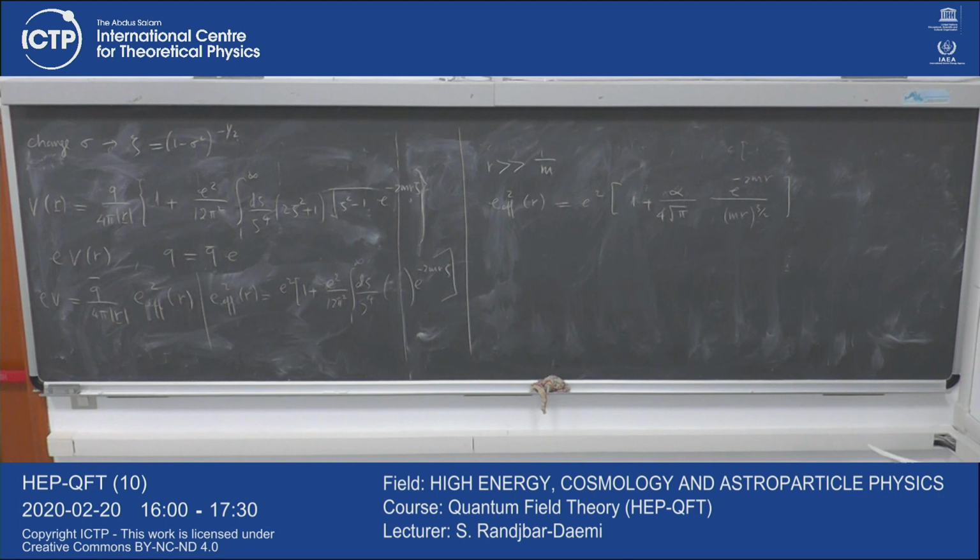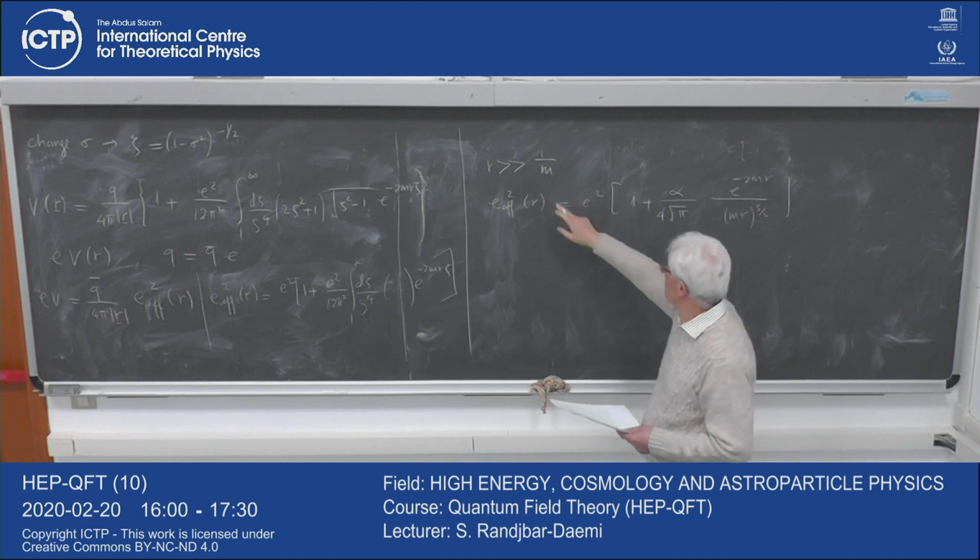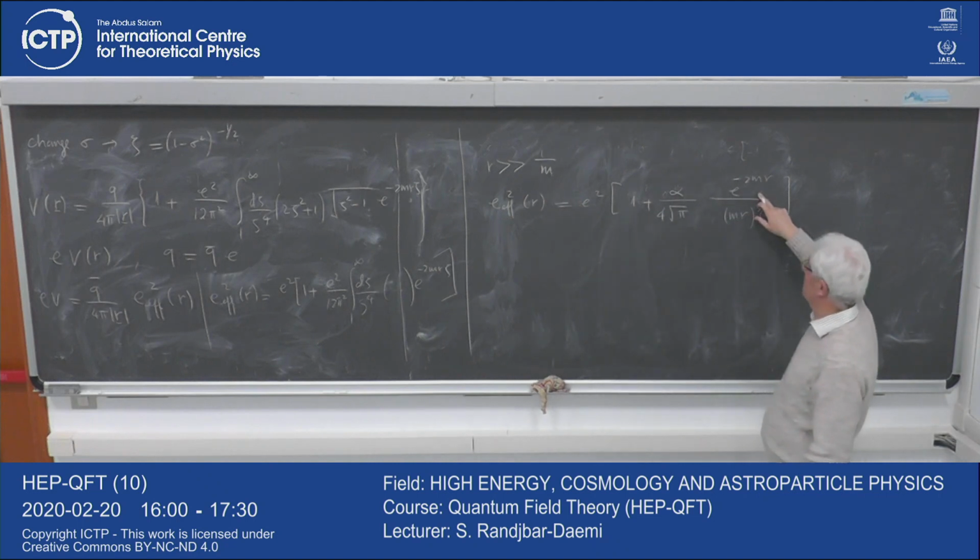As you expect, if you are at a distance far bigger than the Compton wavelength of the electron, there is a correction which is exponentially decaying.